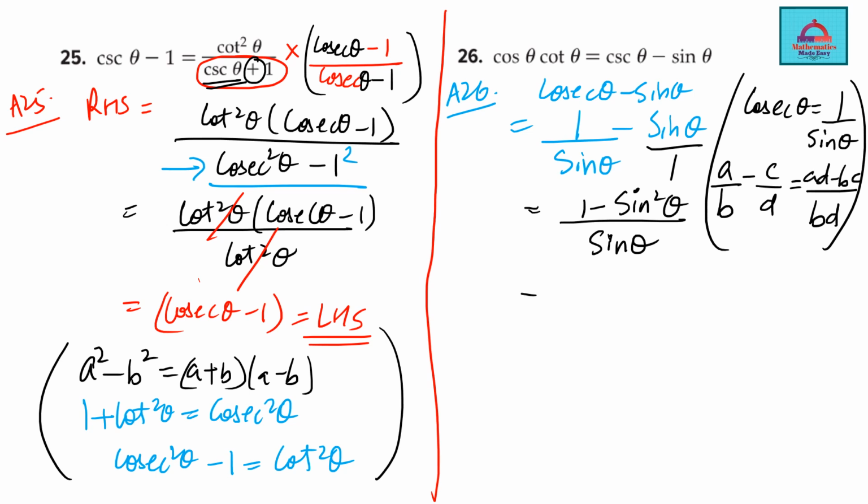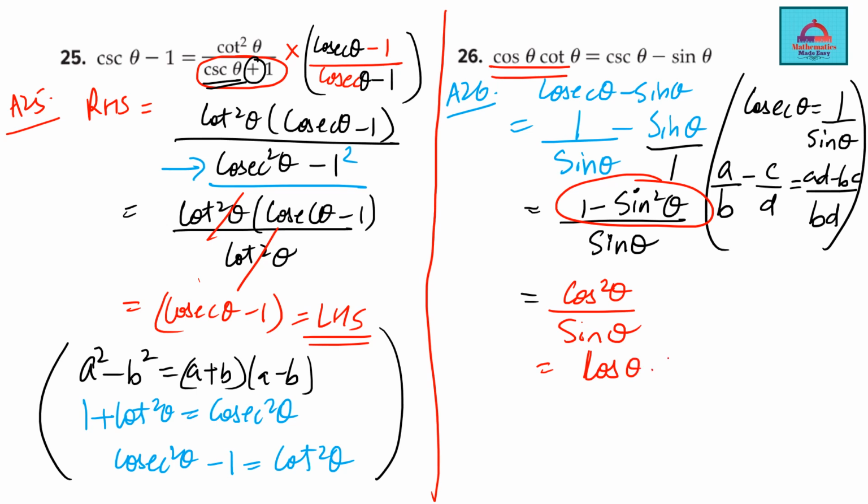Wonderful. Now next is Pythagorean. I can reduce the numerator 1 minus sine square. By now you are very sure that it's going to be cos square. And now because I want to get to this part, I'm going to break this. I will break cos square in two parts, cos and cos. With one part I can have my sine, and the other part I just leave like this. See, how do you know that you have to make these kinds of changes? Because you already have the answer.